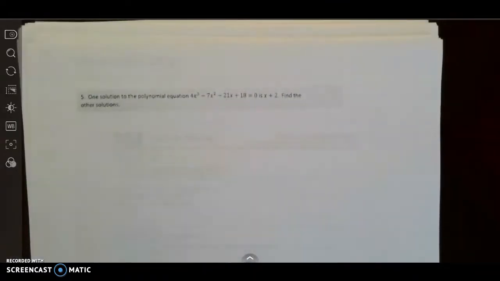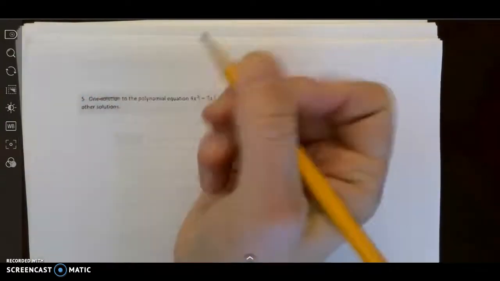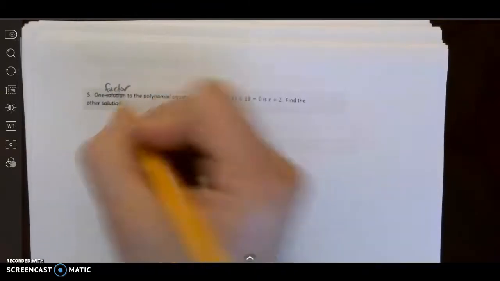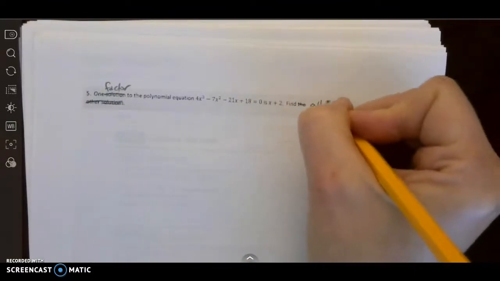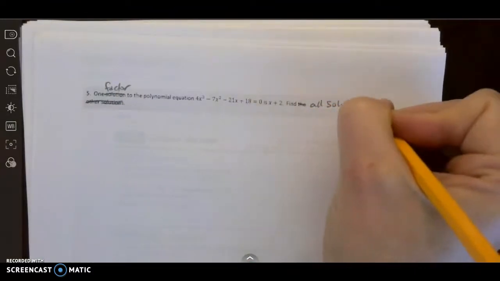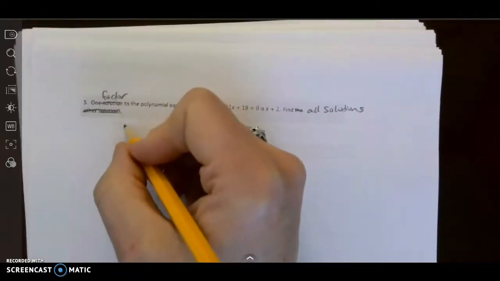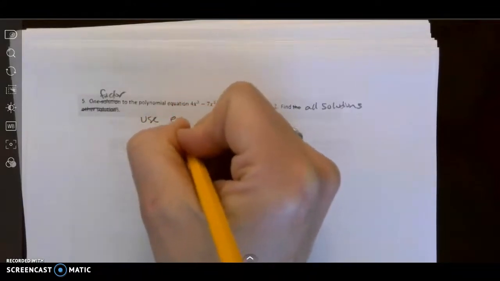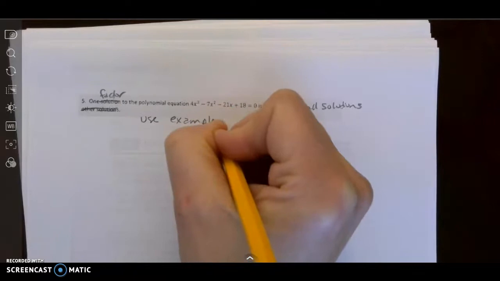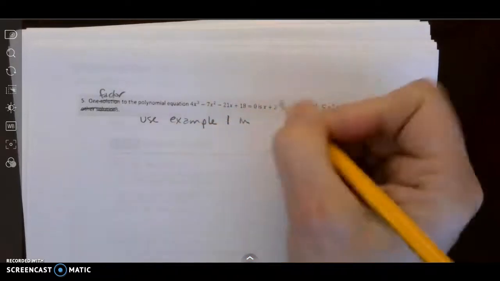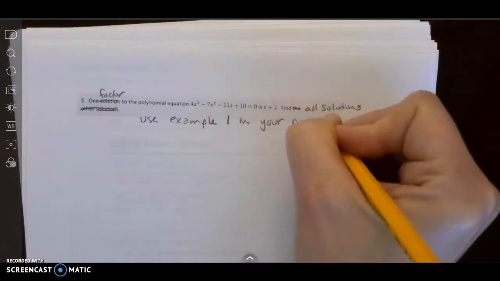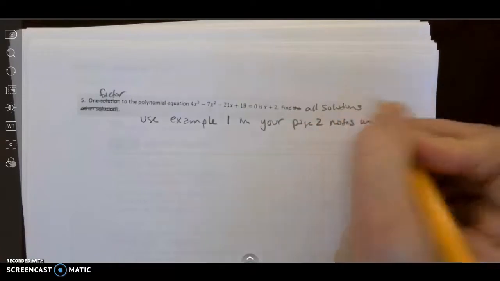Number 5, what you want to do, it says actually one factor, I changed it on yours, find all the solutions. This is where you want to use example 1 in your page 2 notes on factor theorem.